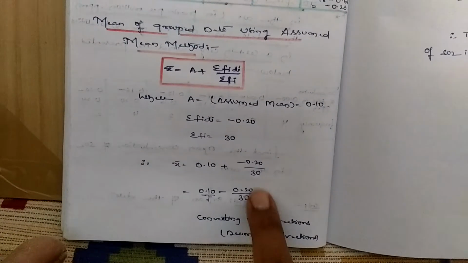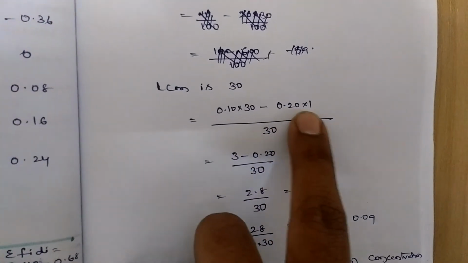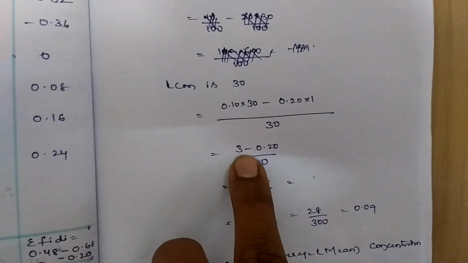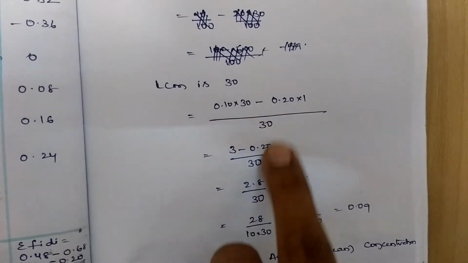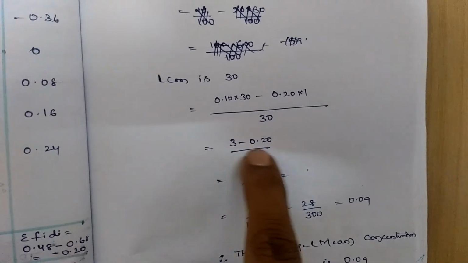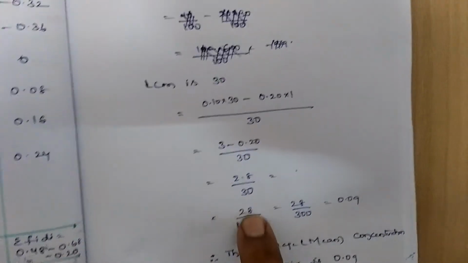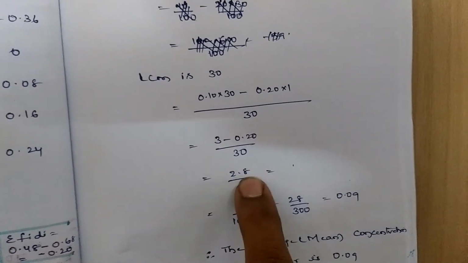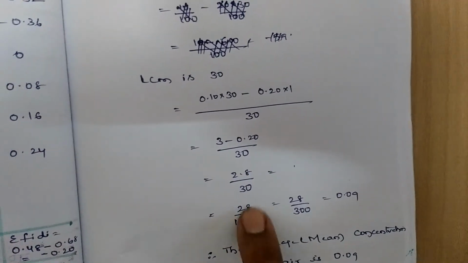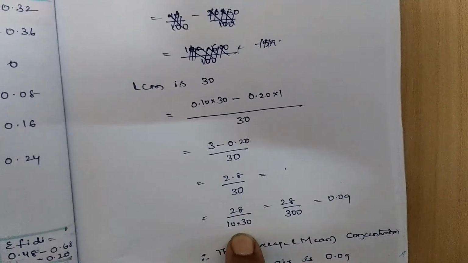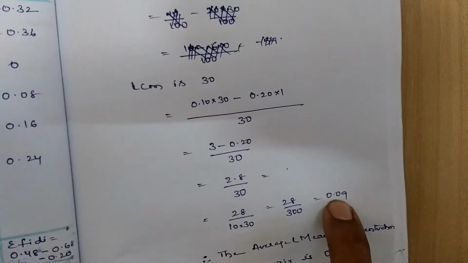Again 1 into 0.20, that I have mentioned here. So 0.10 into 30 we get 3, and 0.20 into 1 is 0.20 only. When you do the subtraction, we get 2.80 by 30. So remove the decimal point and convert into fractions. We get 28 by 10, this 10 goes to the denominator, so 28 by 300 we get 0.09.